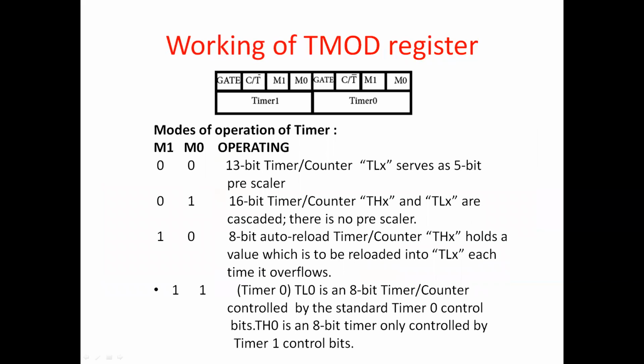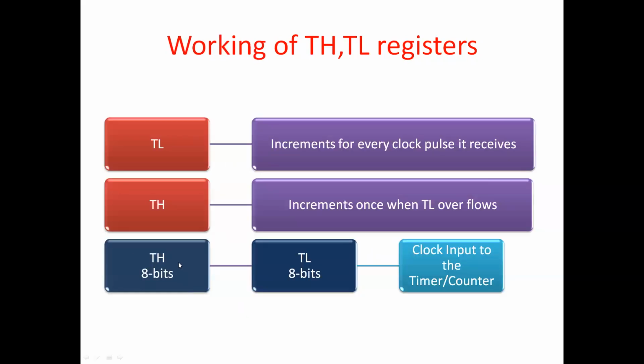Mode 2 means whenever you are using these TH and TL registers, only 8 bits are used for counting. You will load the value in TL and TH. Once the timer overflows, in general, what happens? It again starts from 0.